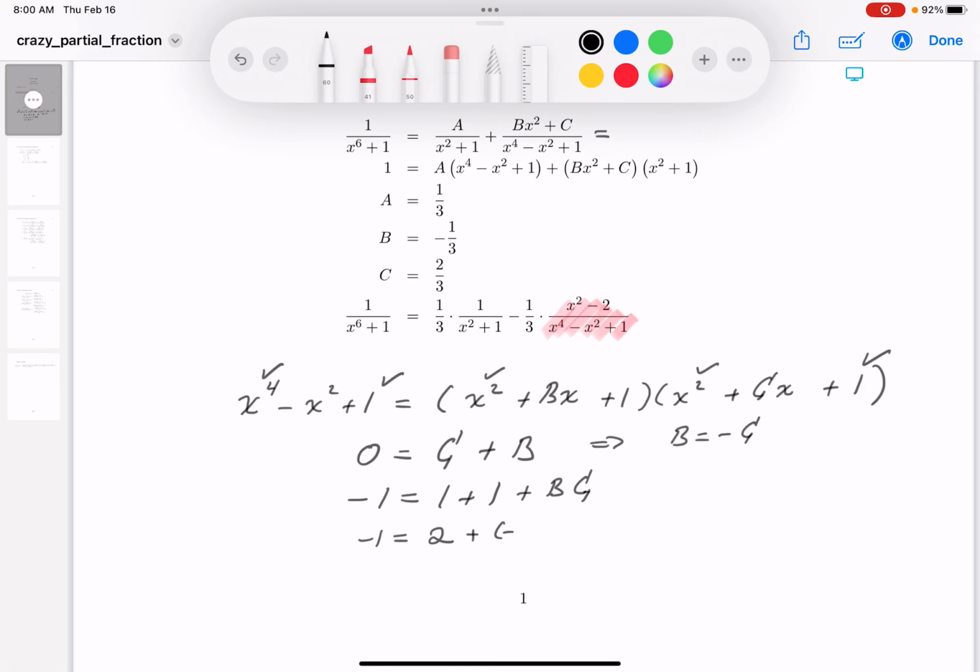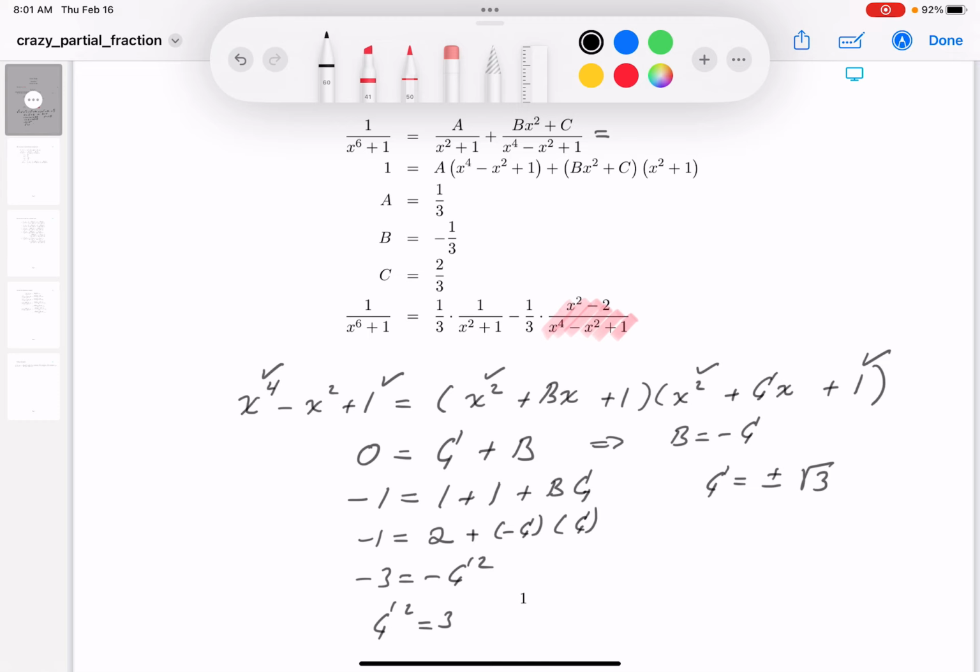Plus minus c times c. And what do you get there? Well, you get minus 3 equals minus c squared. I subtracted 2 from both sides, all I've done. That means c squared is equal to 3. So c could be plus or minus the root of 3.